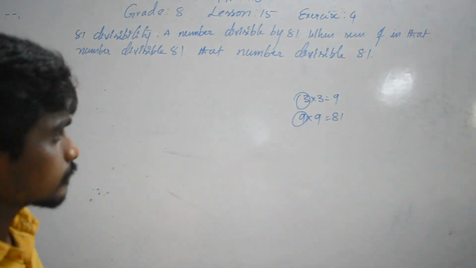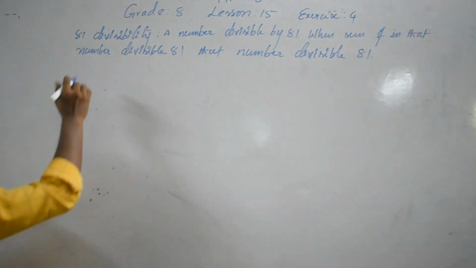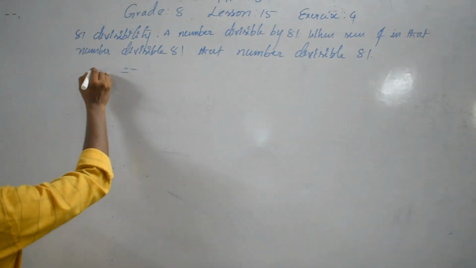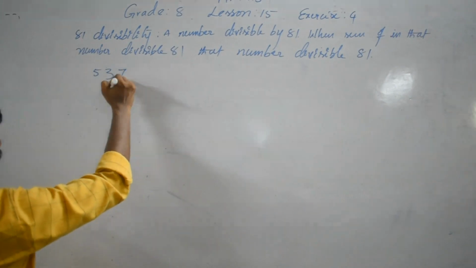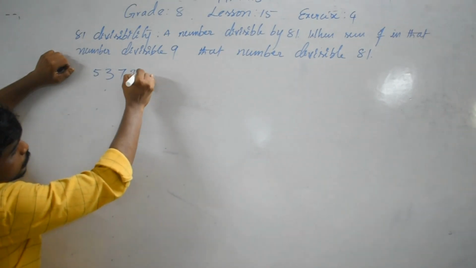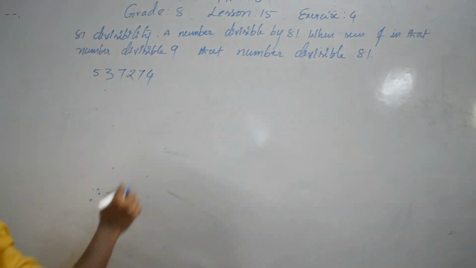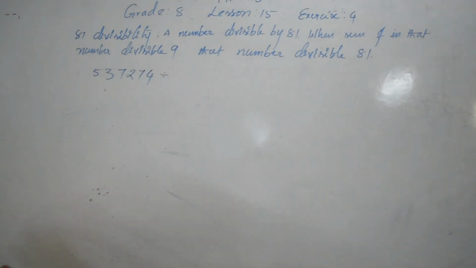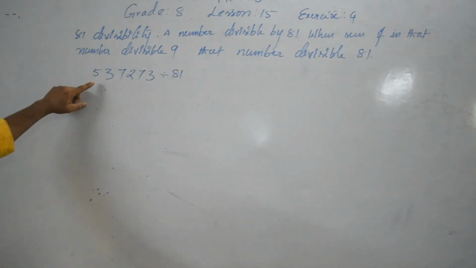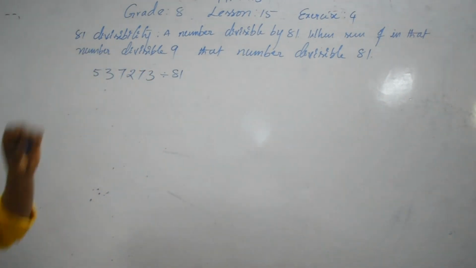So here, for example, 573273 divided by 81.